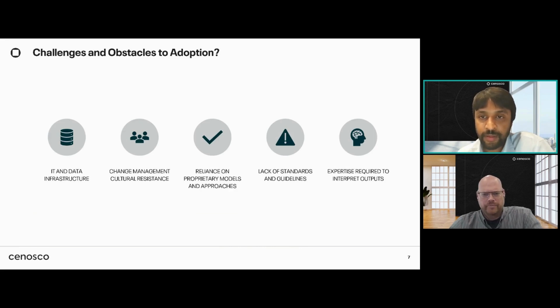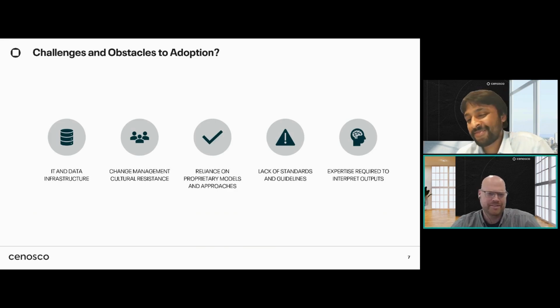This sounds great. There's always a but, right? What are some of the challenges or obstacles to adoption? I think you touched on some of the things that are possible with these new dynamic, data-driven approaches. How do we get from here to there? There are obstacles in the way.